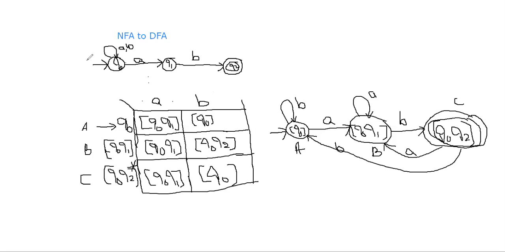So this is the NFA transition diagram ending with AB, and this diagram is the DFA ending with AB. In this way, we can convert any NFA into the equivalent DFA.